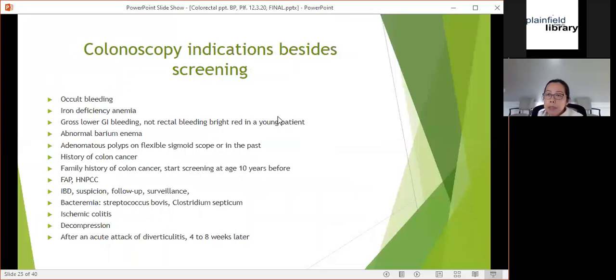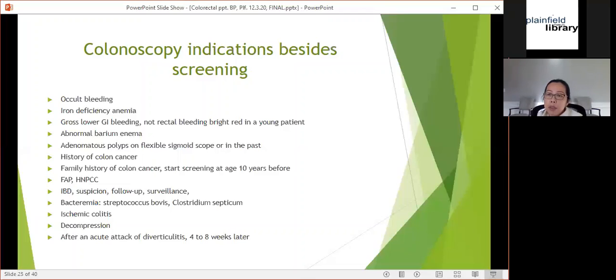Here are colonoscopy indications besides screening colonoscopy, which include occult bleeding, iron deficiency anemia, and gross lower GI bleeding, which does not include bright red blood rectal bleeding in a young patient, which might be due to hemorrhoids. Also abnormal barium enema, adenomatous polyps on flexible sigmoidoscopy, history of colon cancer, and family history of colon cancer, with screening started 10 years earlier, as we discussed before.